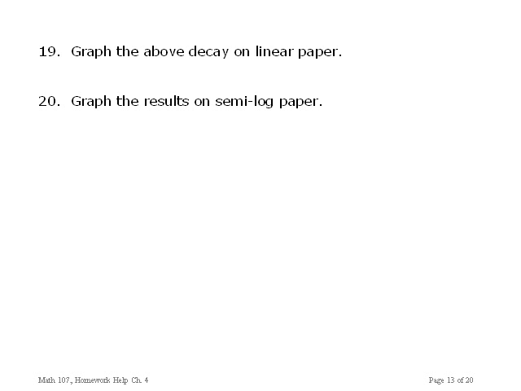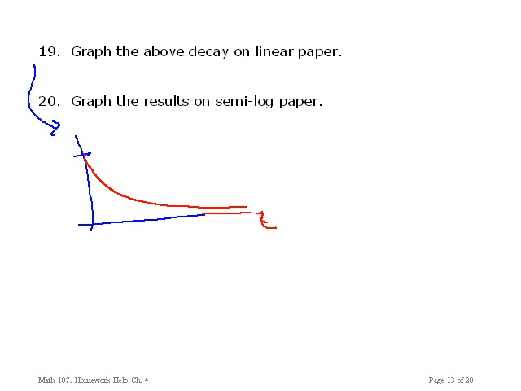If you remember what happens, here's what happens. In your linear paper, you have a curve that looks like this. Here's my time, and here's the amount of radioactive material. It'll start at 200, and it will go down in a pattern like that. This is linear paper.